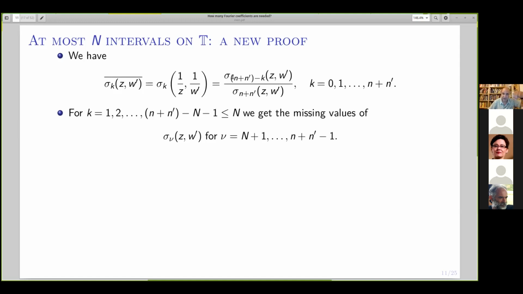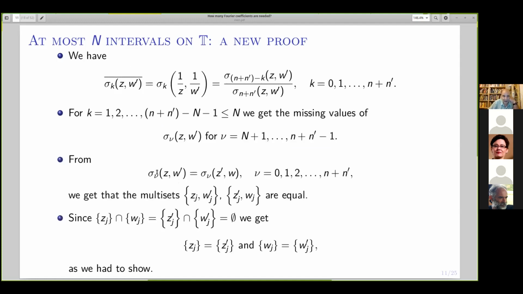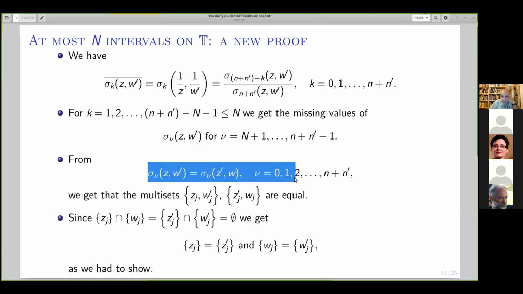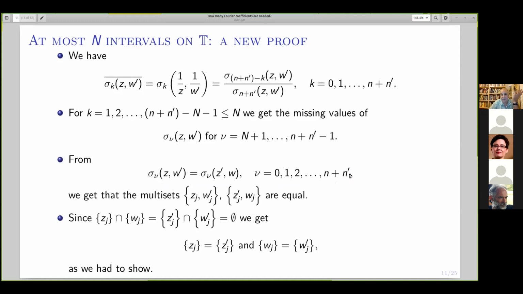Therefore, you also know sigma at n plus n prime minus 1, then you get minus 2, and so on, and you get them all. And so you get that sigma nu will be determined by the values that we know for the intermediate values up to this one. And therefore, we know that the elementary symmetric functions are identical up to the maximum one. You cannot have any more than that because the number of variables is n plus n prime.